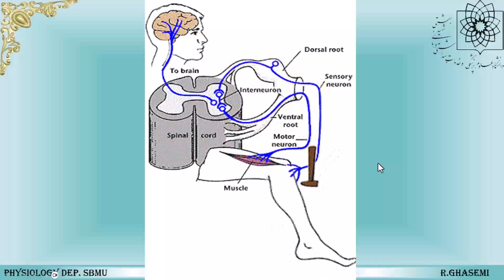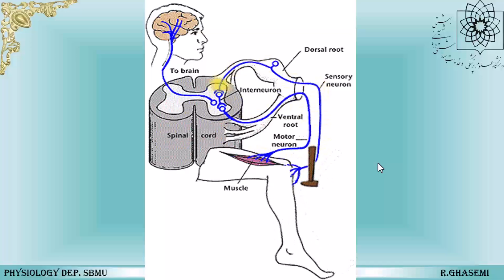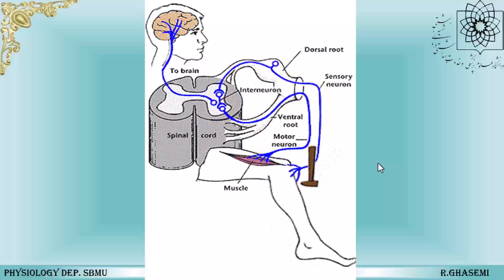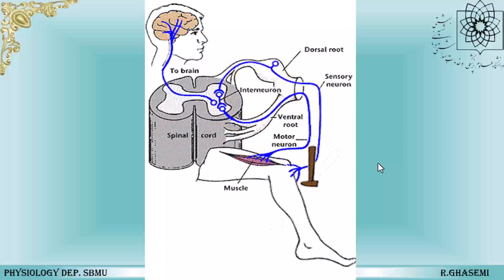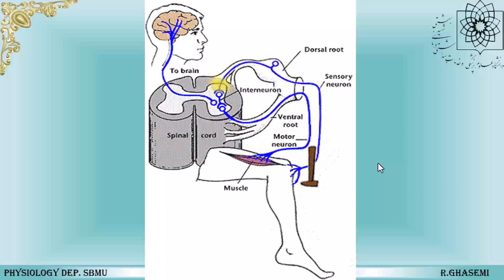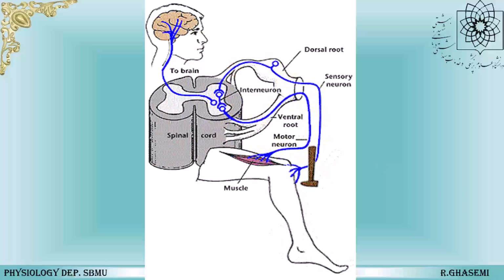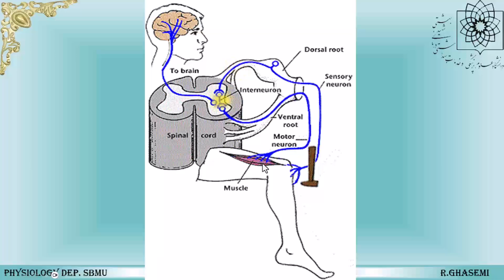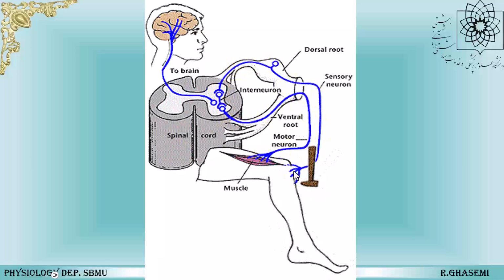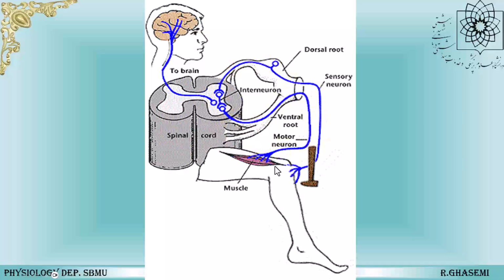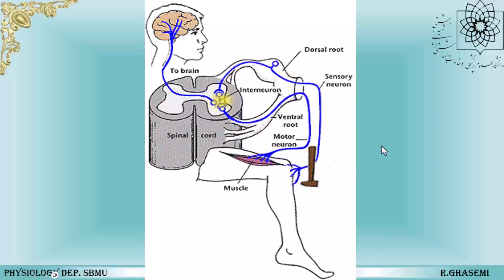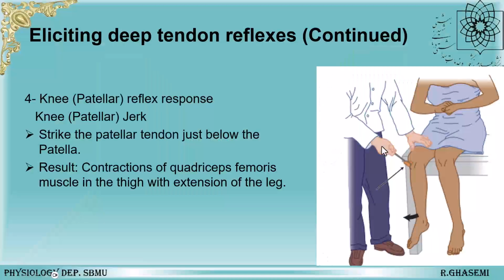But what about the tendon muscle reflex in the lower limbs? The most famous one of the reflexes is the knee jerk. In the knee jerk we stimulate or stretch the tendon, and the knee shows a very strong movement.